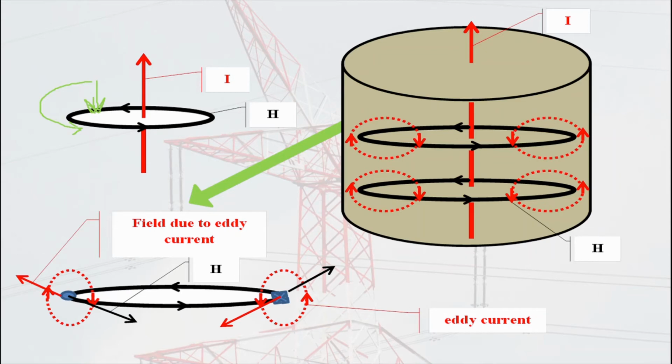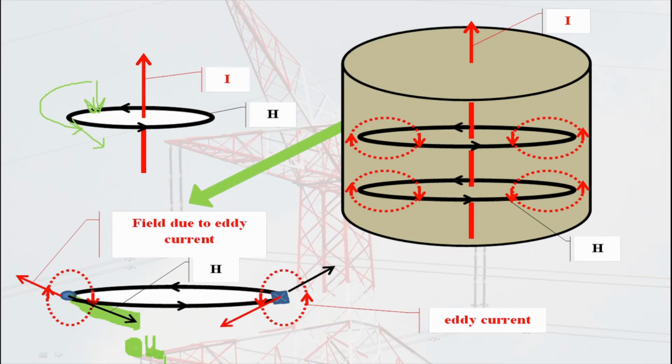Here the main field will be outside the plane, meaning it is moving out of your screen, because you are viewing it and you can imagine this magnetic field moving out of your screen.